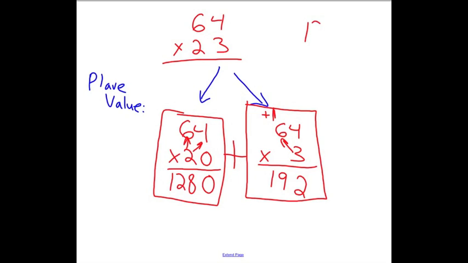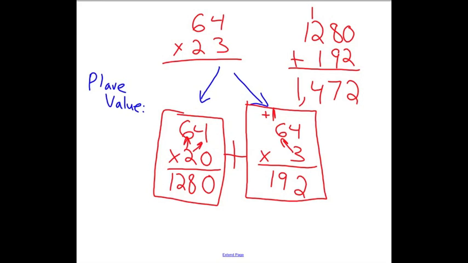So up here in the corner I will add 1,280 plus 192. 0 plus 2 is 2. 9 plus 8 is 17. Regroup the 1. 1 plus 2 plus 1 is 4. And 1 plus nothing is 1. Again, 1,472 is the answer.